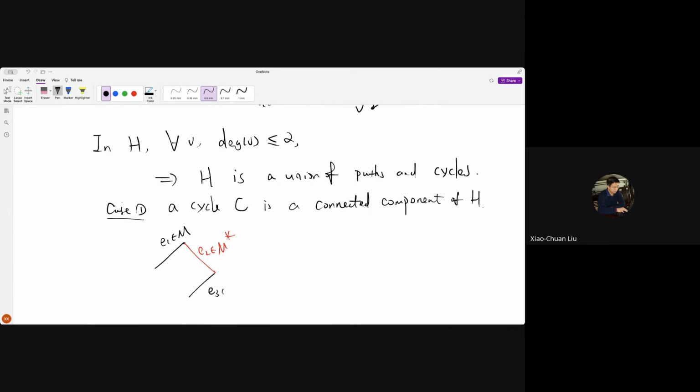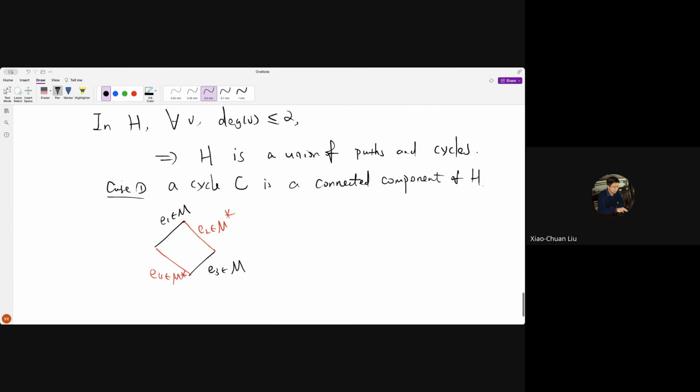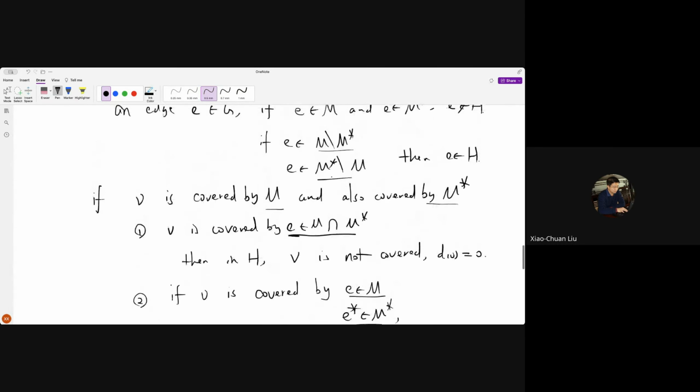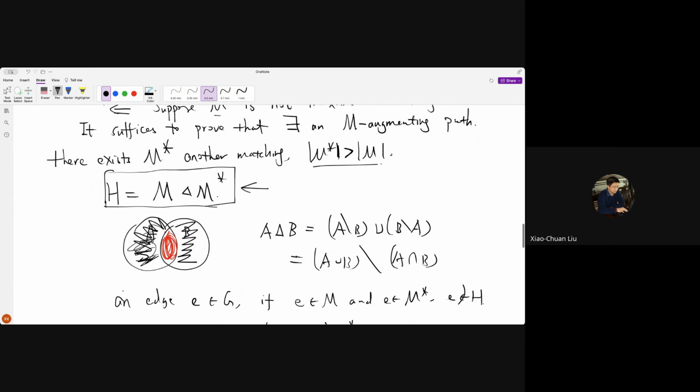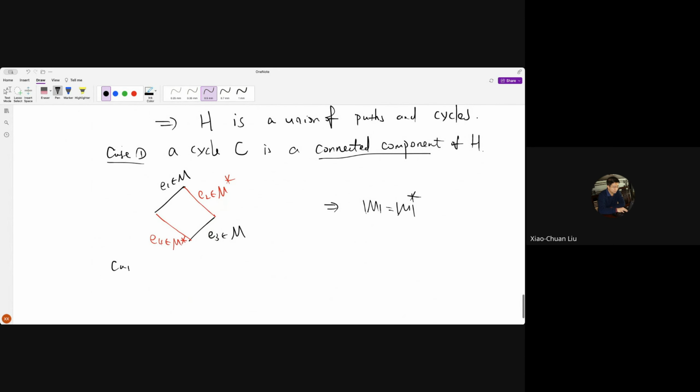Here E3 belongs to M, and you have E4 maybe belonging to M star. This is the only situation. So if all the connected components are cycles, we will get that M and M star have the same size, which is not true because we have taken M star to be a larger matching. So we conclude that there must be a case 2.